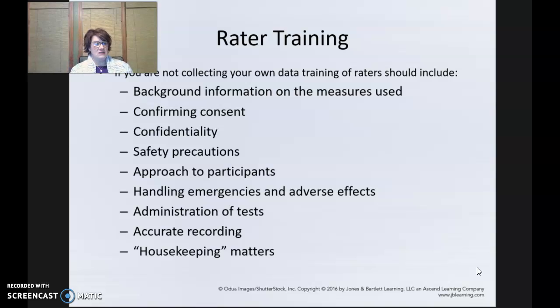So all those things are really critical, and if they're explaining the informed consent or any of those other components of a study, they need to hold to a very high ethical standard as well. So keep all those types of things in mind.